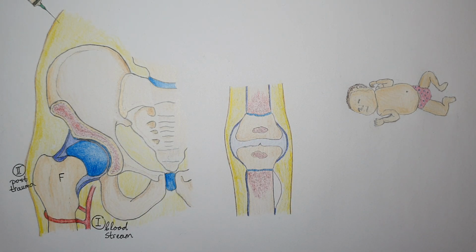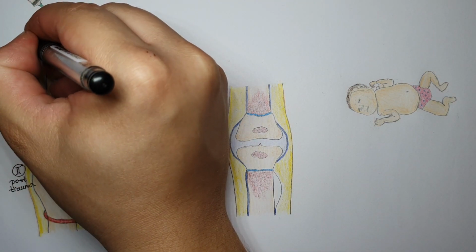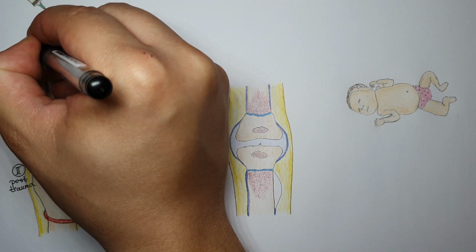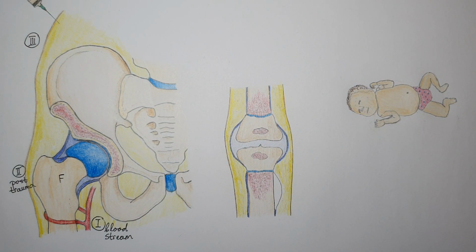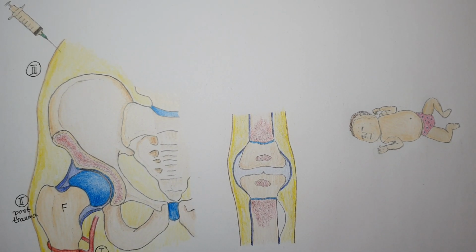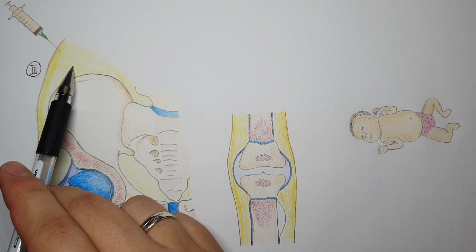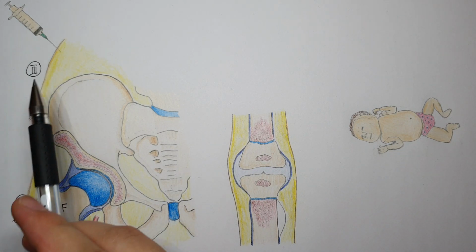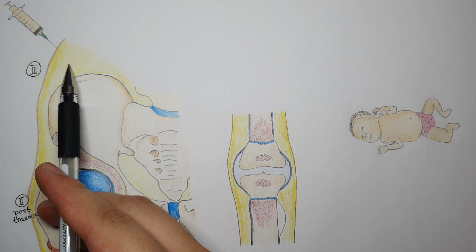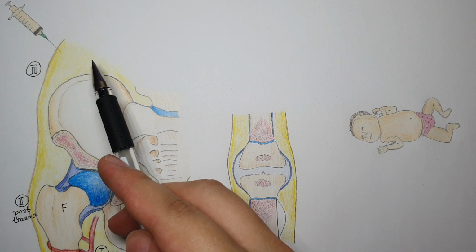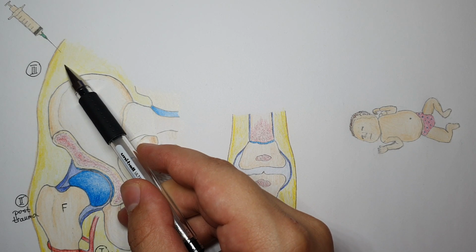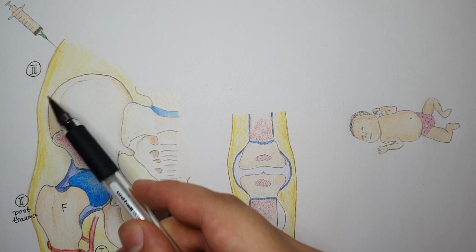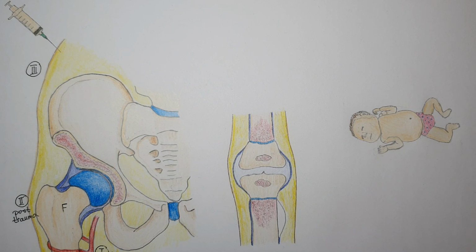Then there is the third possibility, which is a continuous spread. For example, if some injection is given to children in the buttock, and if it is given the wrong way, we can have infection there, and this infection can spread from the neighborhood area to the bone and cause osteomyelitis.